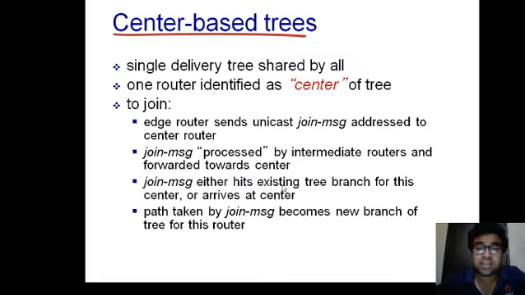If it hits an existing tree branch, it will not forward the packet to the center router, because that join message has found a branch of that particular tree. The path taken by the join message becomes a new branch of the tree for this particular router.